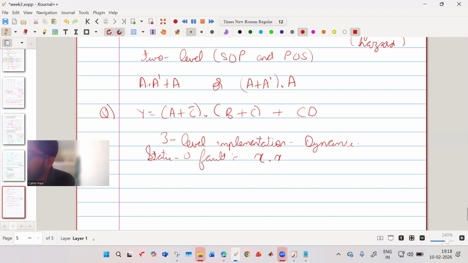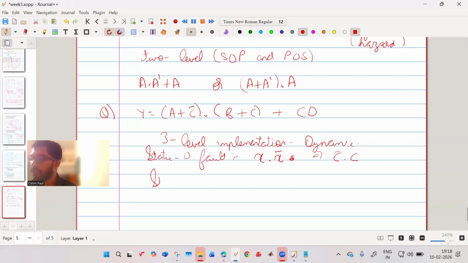Some x and x bar term should come. Could such a term occur, where x could be A, B, or C? Yes, it may occur because there could be a case where you have C bar and C. So this is the static zero fault.